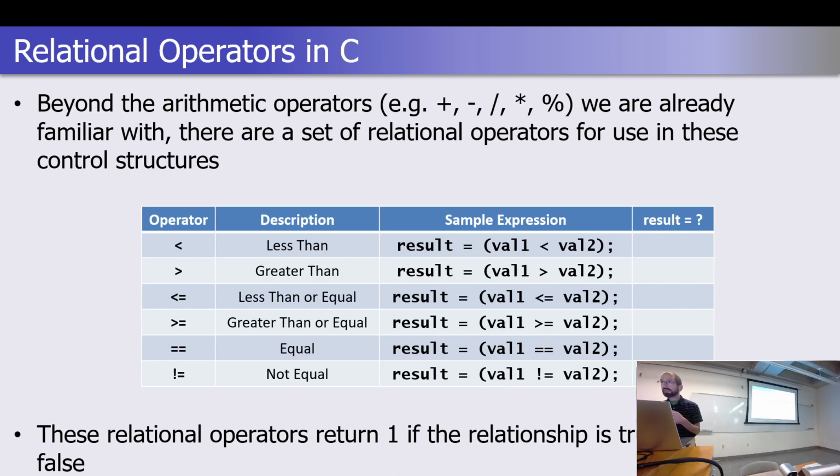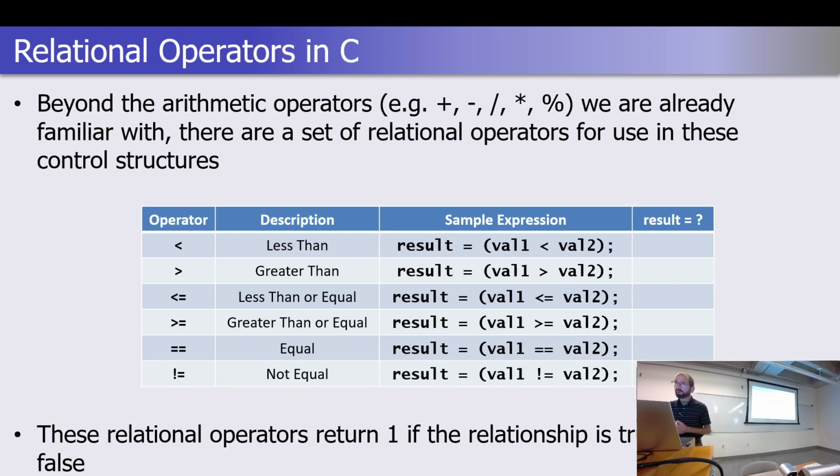That is not contradictory to what I just mentioned about true being non-zero. That is the case of the if statement. The condition will get taken if it's non-zero inside the parentheses. We then have these relational operators that return exactly what we want. They return 1 if the relationship is true, and 0 if it's false.